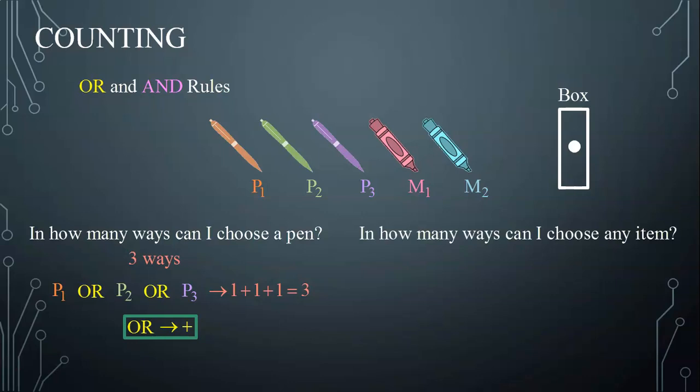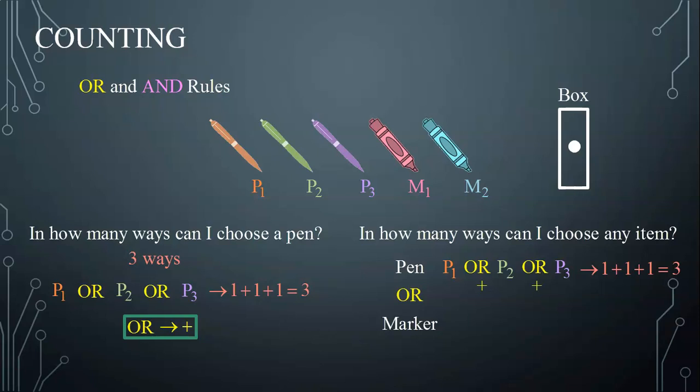Now suppose I want to find the number of ways I can choose any one of the given items. Any one of the given items means I want to choose 1 pen or 1 marker to place in the box. Choosing 1 pen means choosing P1 or P2 or P3. As OR means addition, then I can choose 1 pen in 3 possible ways.